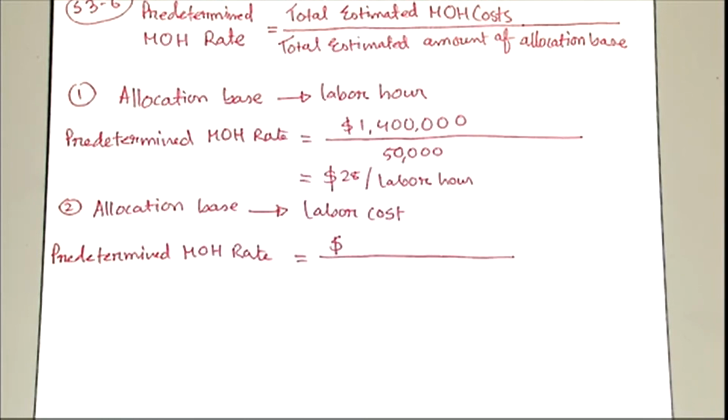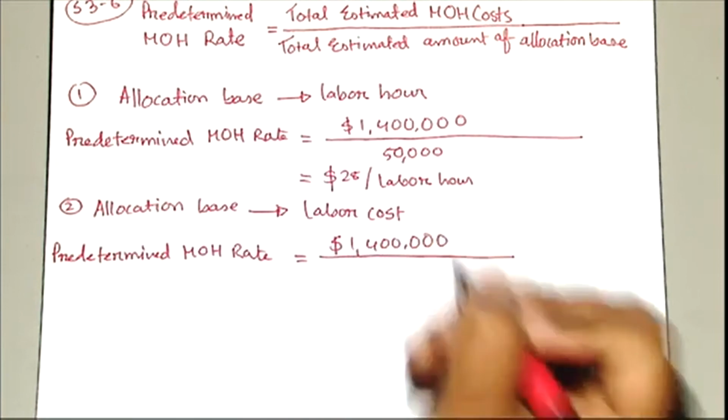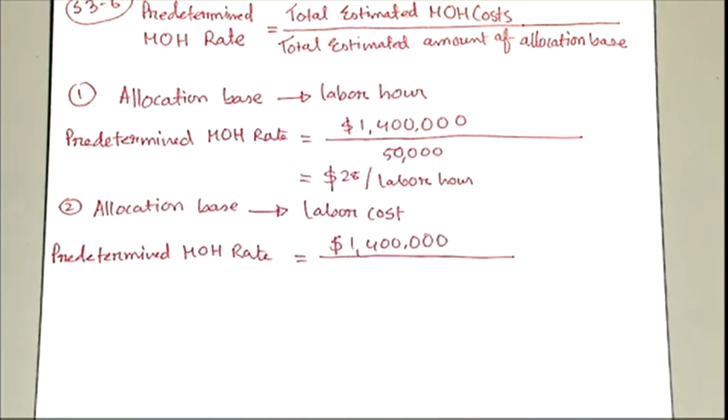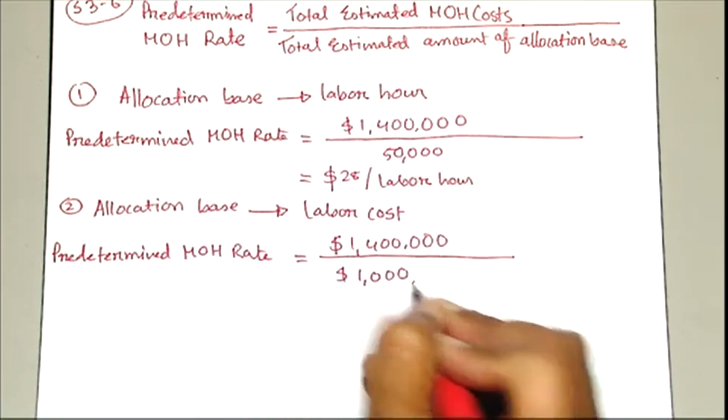Yes, I just want to make sure you got it. 1,400,000. But this time our allocation base is labor cost. So what is your estimated labor cost for next year? It says that it incurs $1 million of direct labor next year. So your estimated labor cost is 1 million.